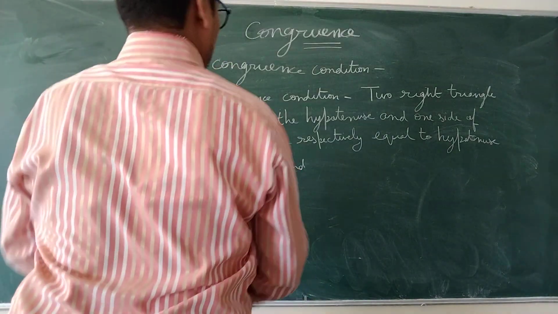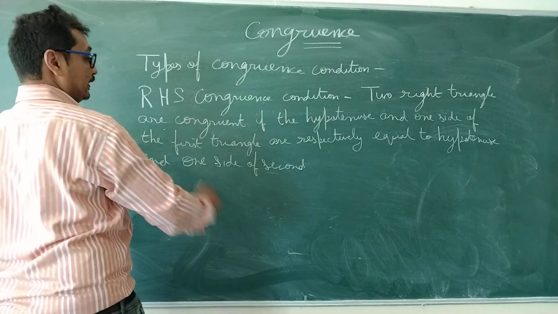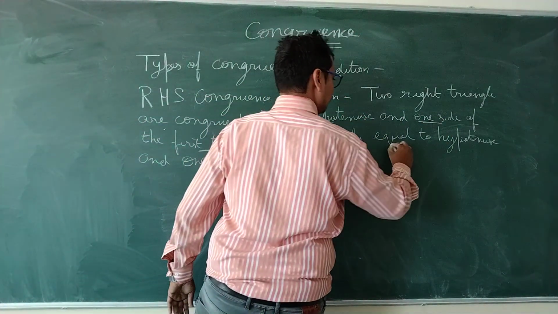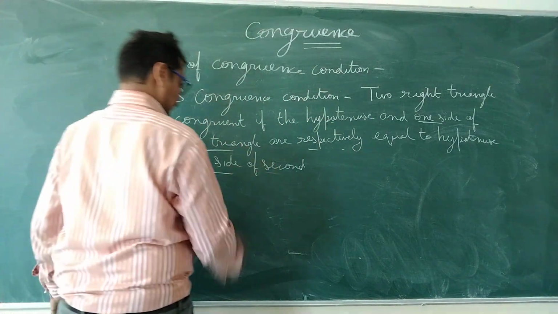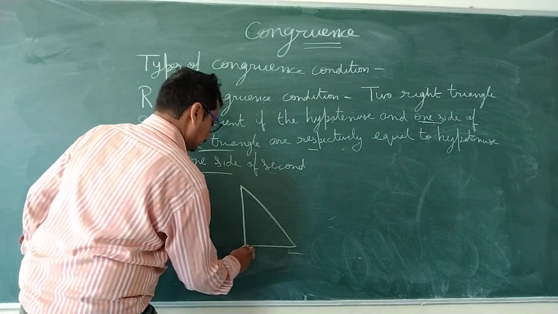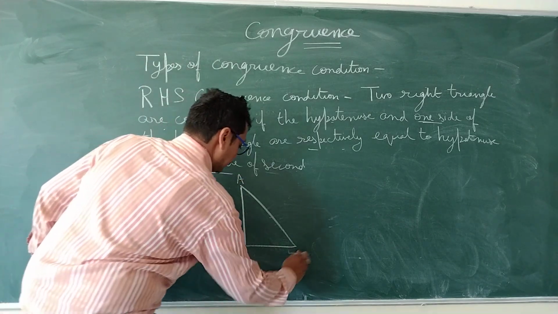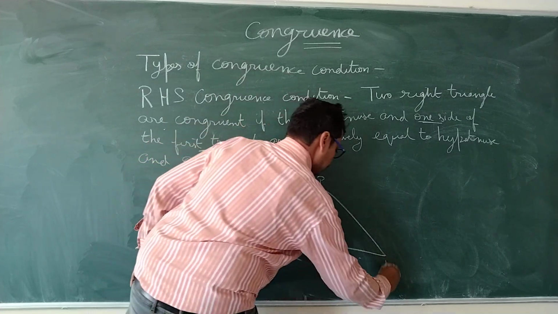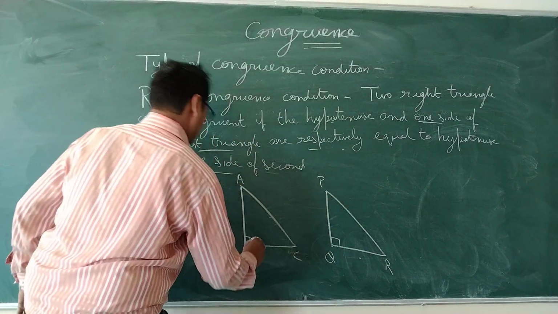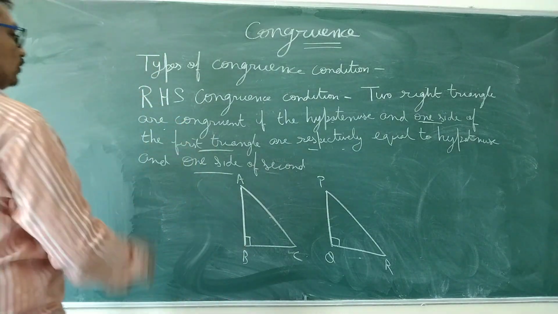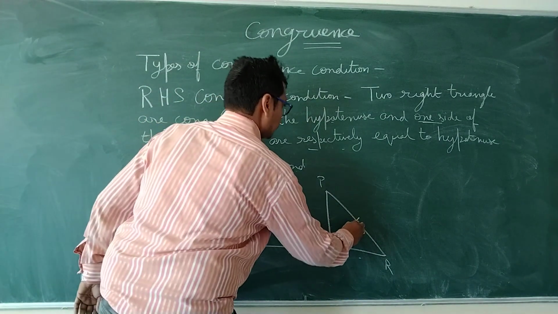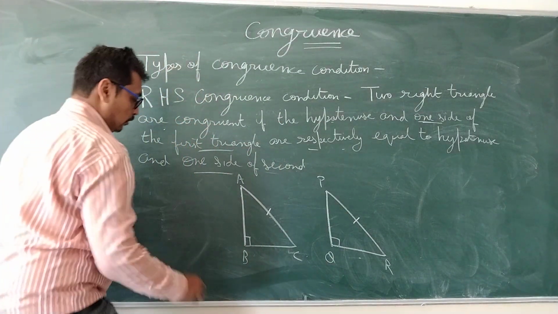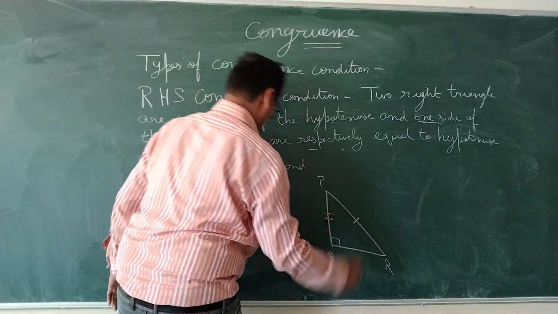RHS congruence condition. Two right triangles are congruent if the hypotenuse and one side of the first triangle are respectively equal to the hypotenuse and one side of the second. What does it mean? Suppose we have right angle triangles ABC and PQR. They are congruent if the hypotenuse and one side are equal.